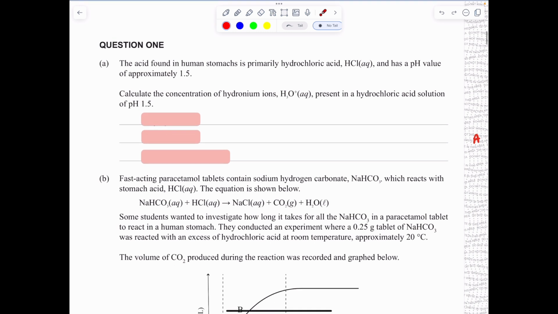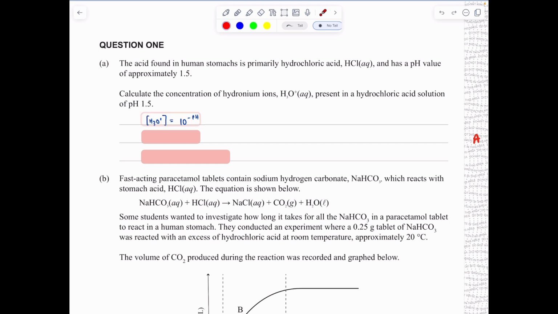So question 1, the acid found in human stomachs is primarily hydrochloric acid and has a pH value of approximately 1.5. Calculate the concentration of hydronium ions present in a hydrochloric acid solution of pH 1.5. When you look at your resource sheets, we see this equation over here, which allows us to calculate the hydronium ion concentration.